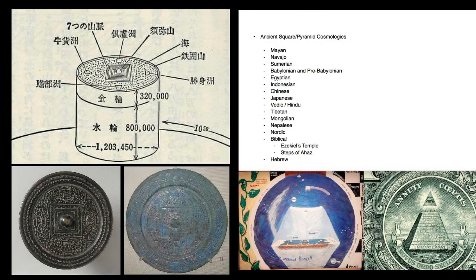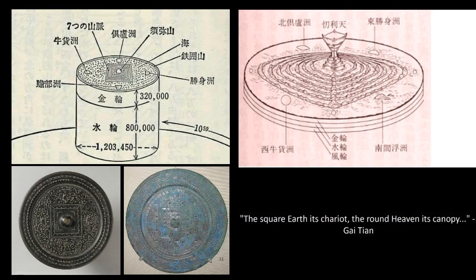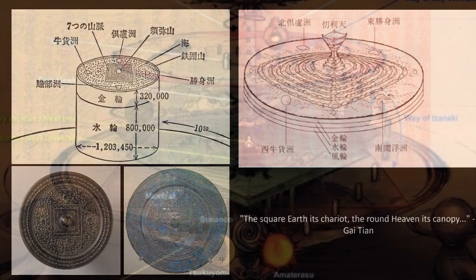We have the Chinese cosmologies, which also have a square in the middle and a circle on the outside. Same goes with the Japanese cosmology.